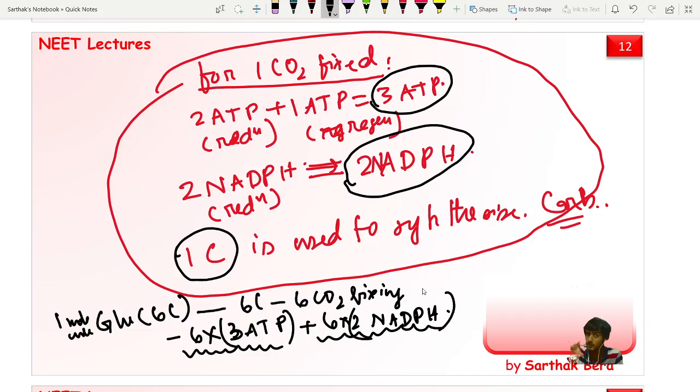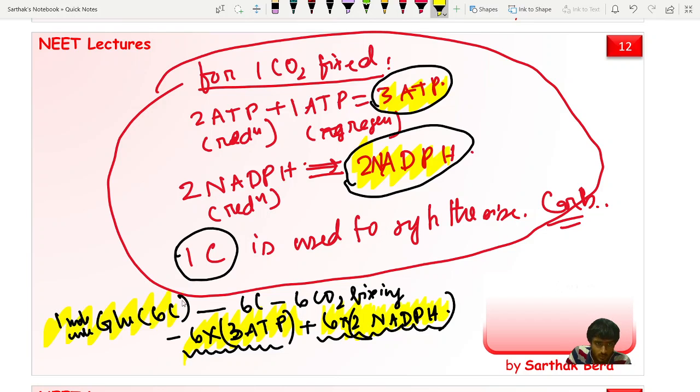So to pump 6 carbons into carbohydrate, we have to use 6 into 3 ATP. And to pump 1 carbon into carbohydrate, we have to use 2 NADPH. I have discussed this already. So we have to use 6 into 2 NADPH to pump 6 carbons into carbohydrate.